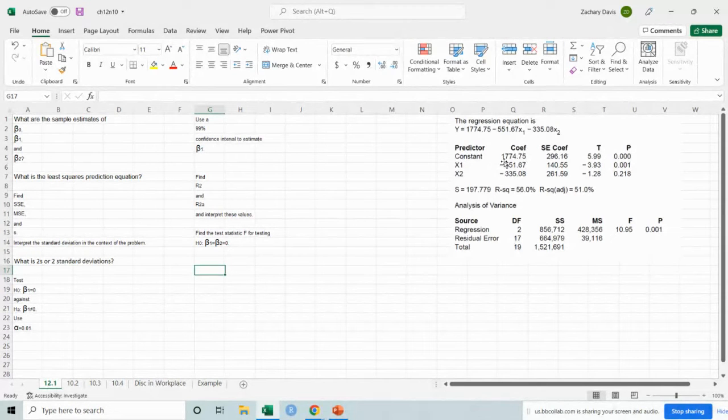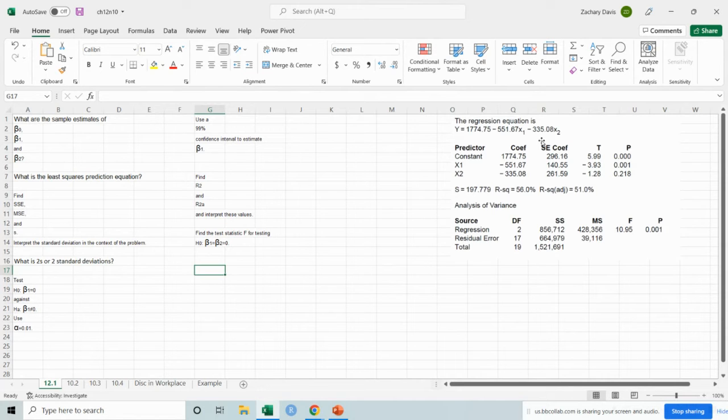So our beta 0 is 1,774.75. Our beta 1 and beta 2 are our coefficients for the x1 and x2 variables. Beta 1 is negative 551.67, and beta 2 is negative 335.08, and you can see those as the coefficients in our regression line.